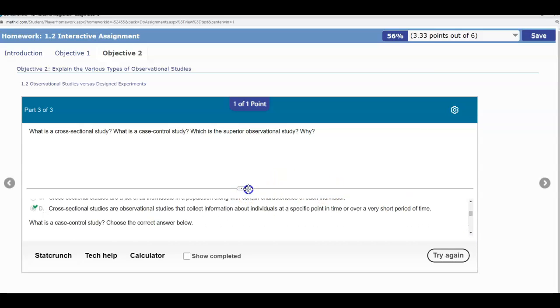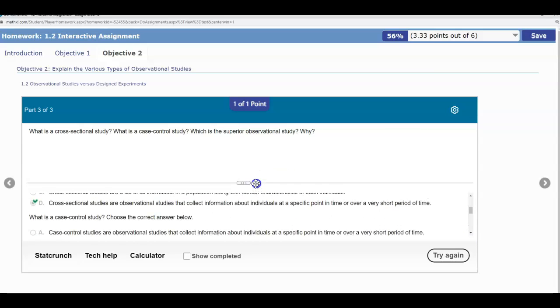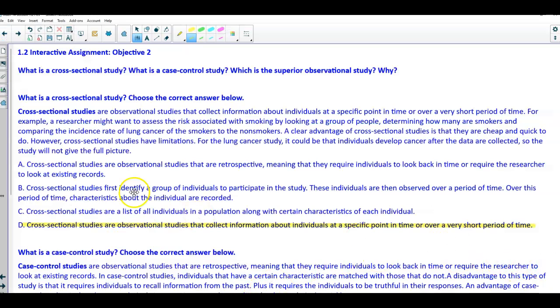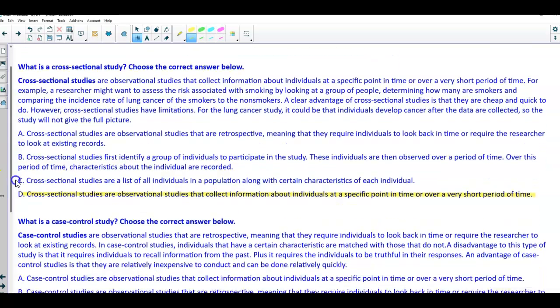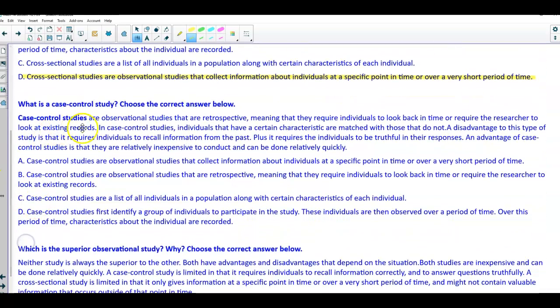Okay, the next question is, what is a case control study? So let's go down here, let's take a look at that. So case control studies are observational studies that are retrospective, meaning that they require individuals to look back in time or require the researcher to look at existing records.